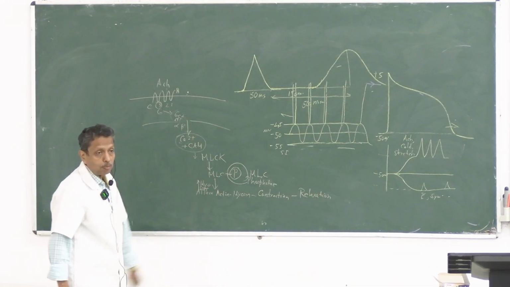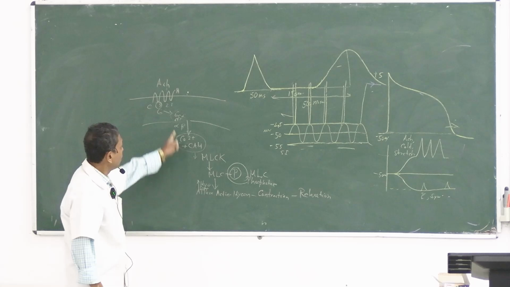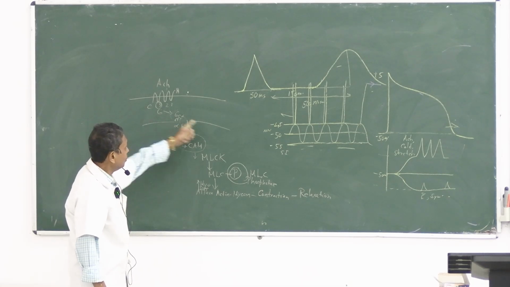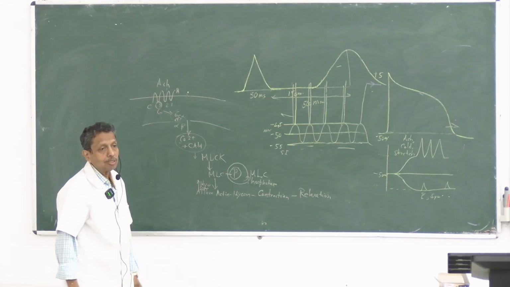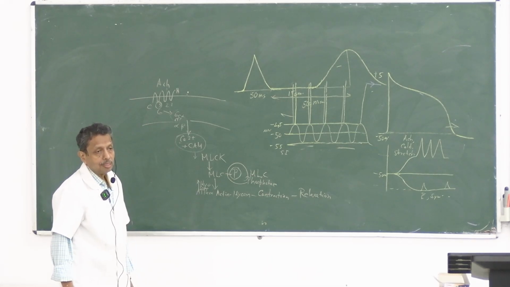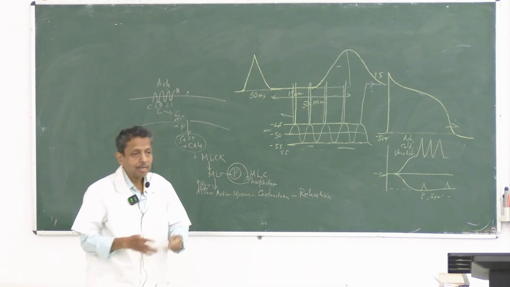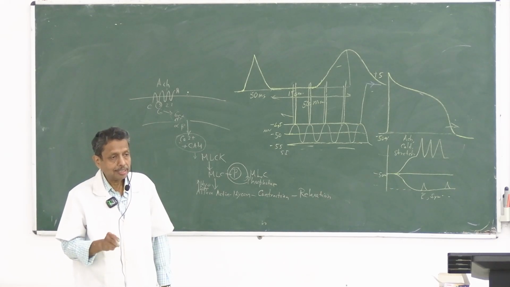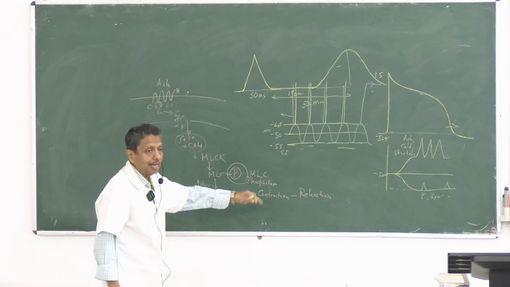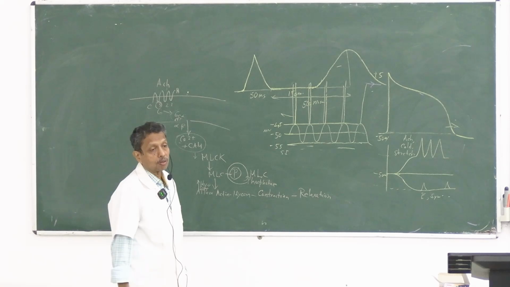Or there may not be an action potential, and in that case, after that relaxation may not occur. There is no further action potential, in spite of that potential change, and in spite of that the contraction will continue for some time.